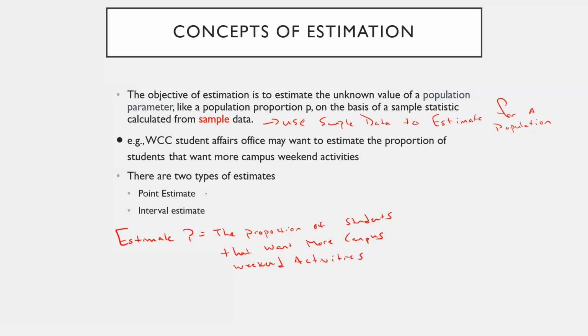There are two types of estimates. You can do a point estimate, which is the single value estimate, or you can do an interval estimate. This is the confidence intervals that we were just doing.